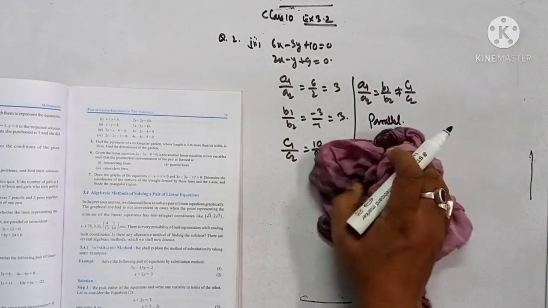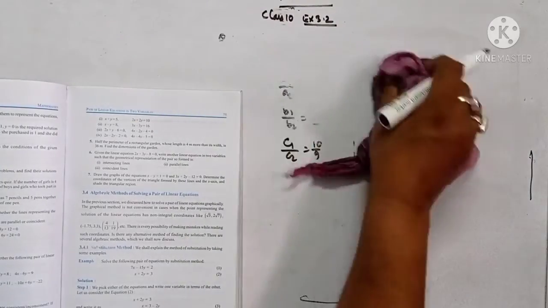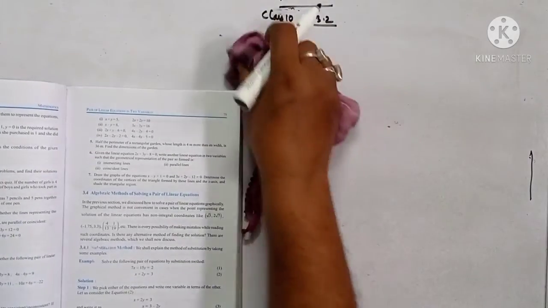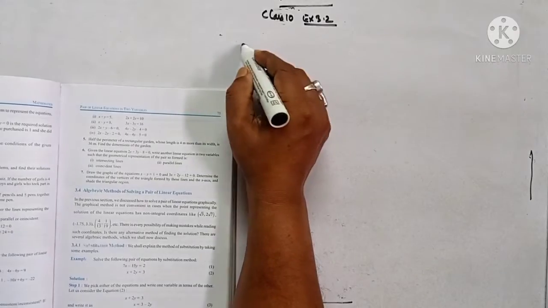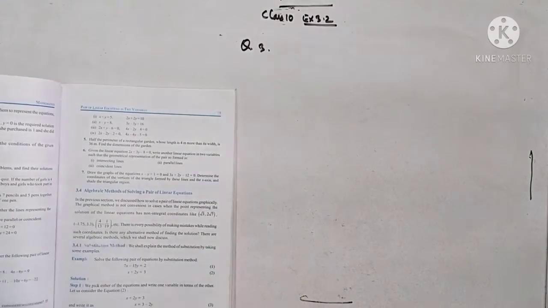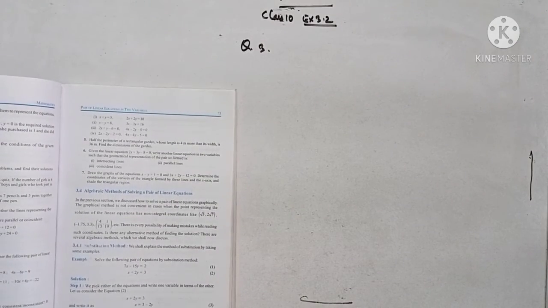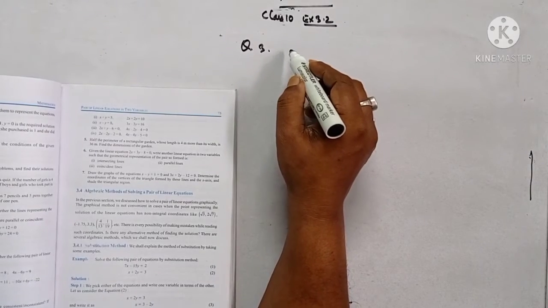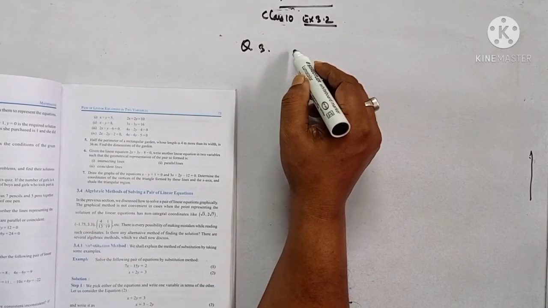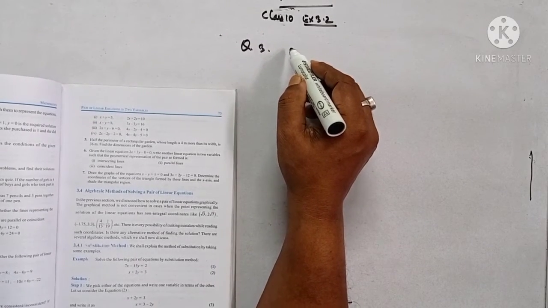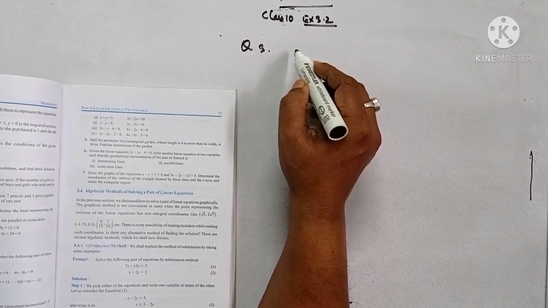Now I'm going to question number 3. We have to compare and find whether the equations are inconsistent or consistent. If they are intersecting or coincident, then it will be consistent.